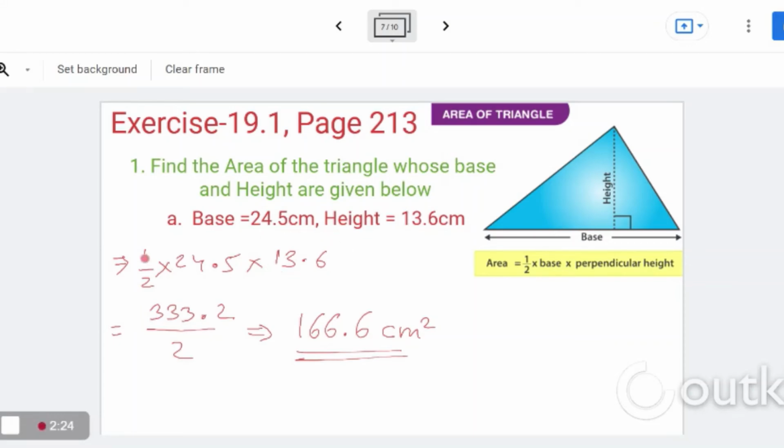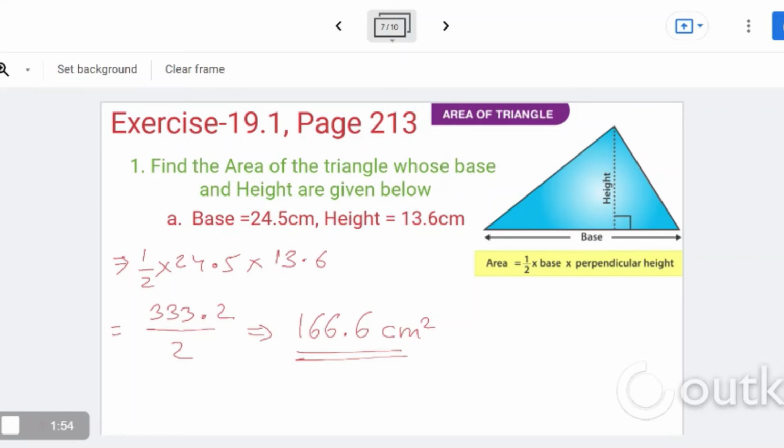Then 2 is kept as denominator, and numerator is 1 into 24.5 into 13.6. When you multiply these two, simple multiplication, you will get 333.2. Now when you take this in rough and divide it, you will get 166.6. This is the area of a triangle whose base is 24.5 and height is 13.6.